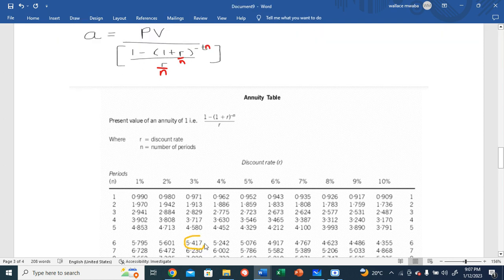Let me just pick up this call, but yeah, this is the discount factor. Just hold on.